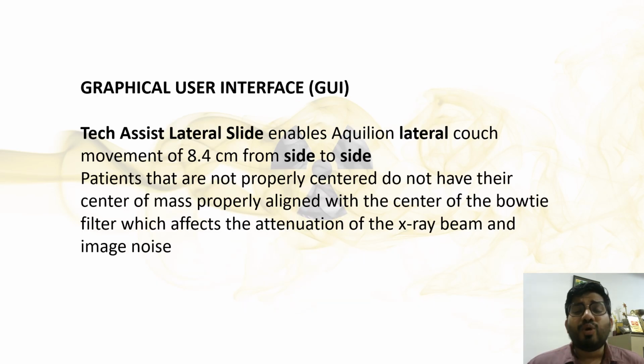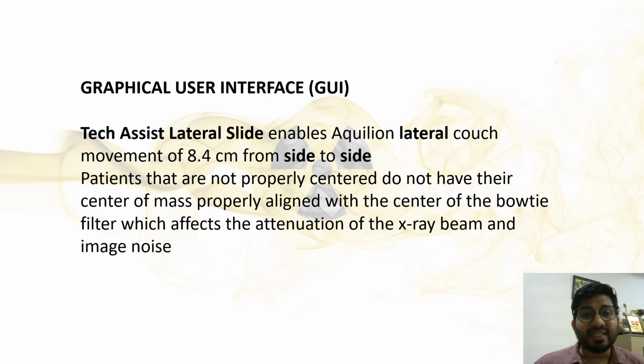There are some modern technologies. Sometimes with bariatric patients, very heavy patients, it is very difficult to move the patient on the table to the lateral sides, specifically if you want to image the shoulder or any side of the body. So it will be difficult to make the patient move, specifically a bariatric patient.